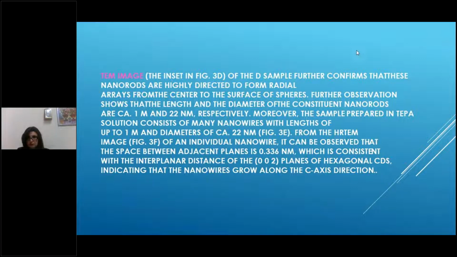Moreover, the sample prepared in the TEPA solution consists of many nanowires. From the HRTEM image of an individual nanowire, it can be observed that the spacing between adjacent planes is consistent with the interplanar distance of the planes of hexagonal cadmium sulfide, indicating that the nanowires grow along the c-axis direction.